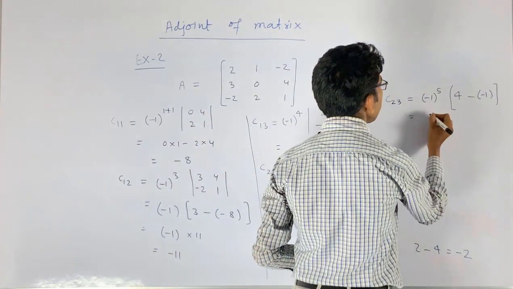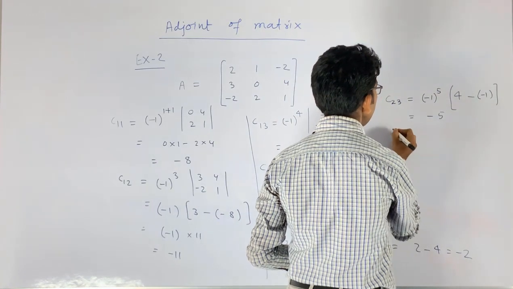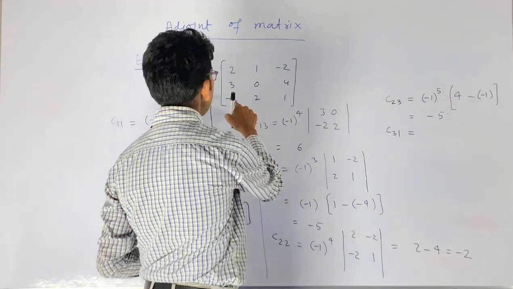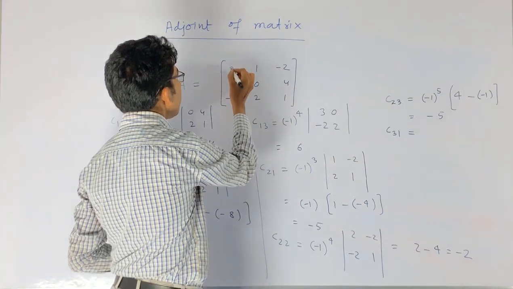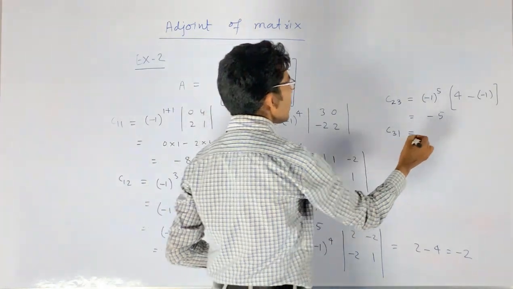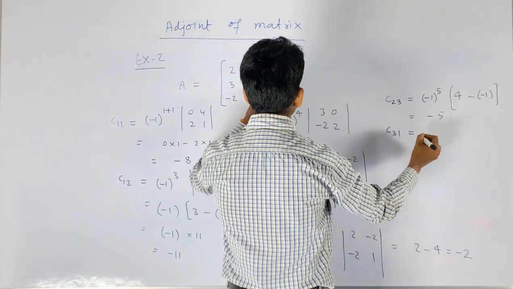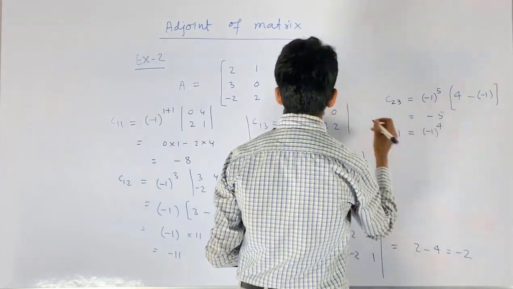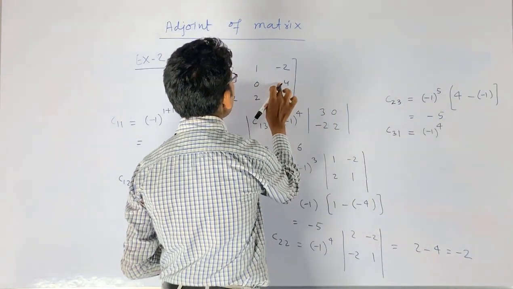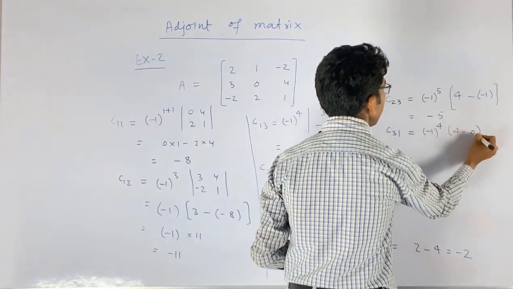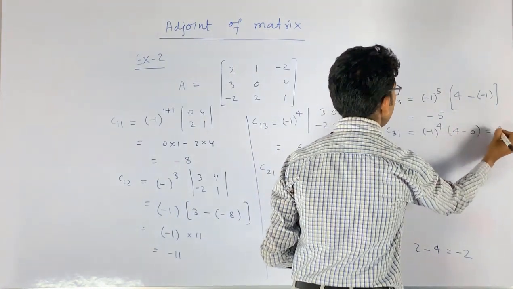So this is minus 5. C31. Delete the third row and first column. So, minus 1 to the power 4 and this is 4 into 1 minus 0. So this is equal to 4.